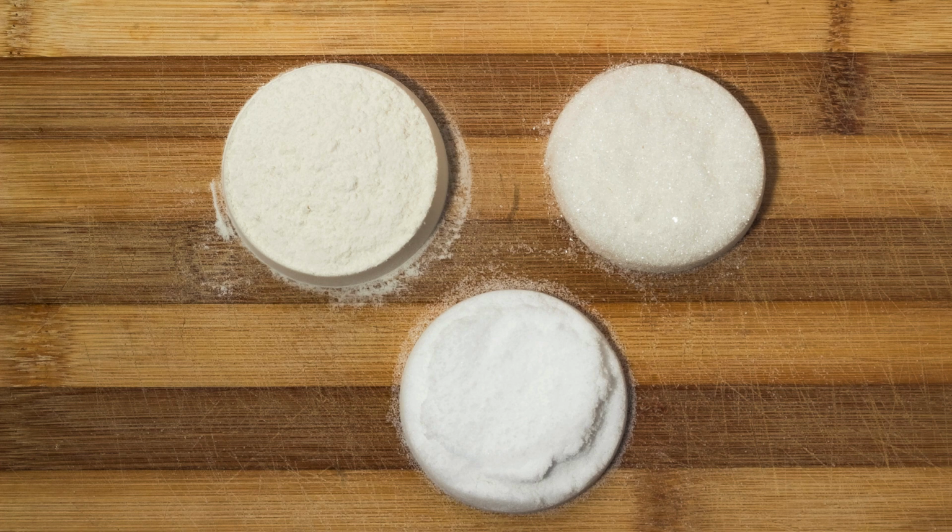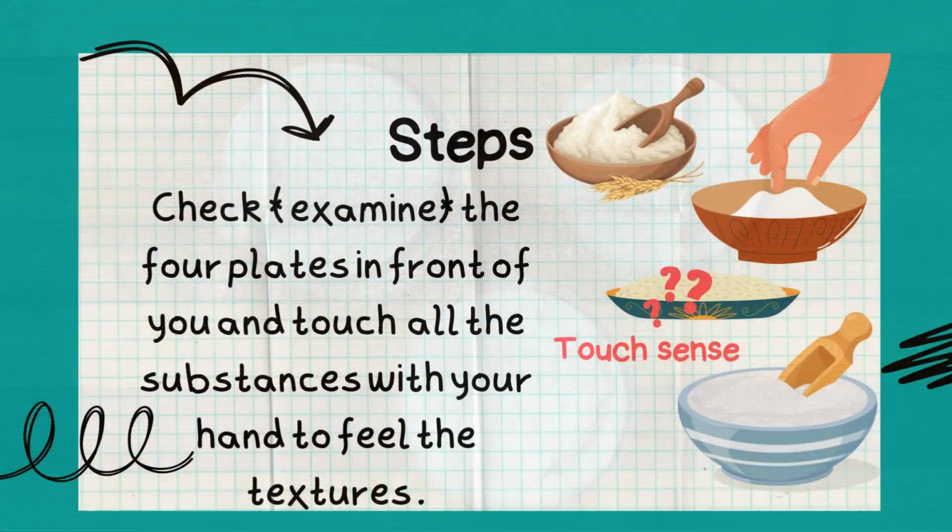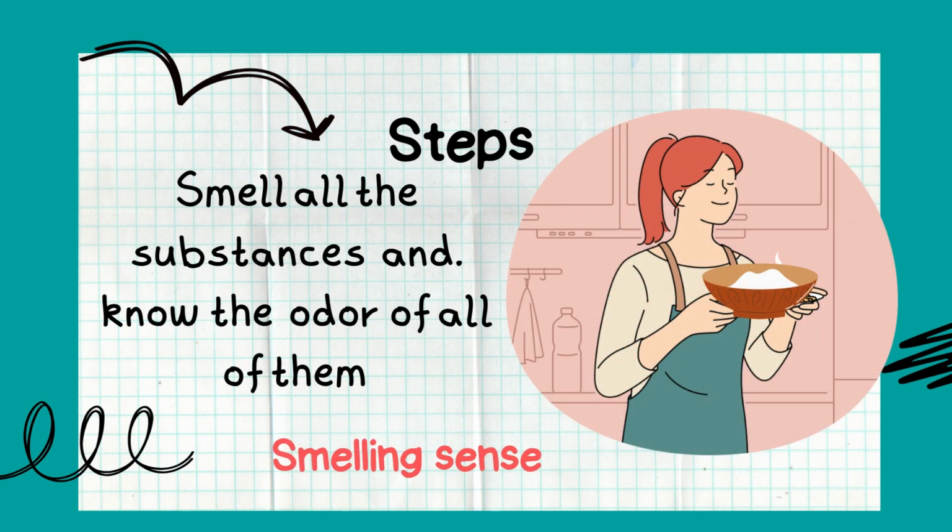And this is by using our senses. By sight, we can determine the color. Also, we can know the texture of each substance by the sense of touch. Is it fine? Is it crystal? Is it rough, hard, smooth? All of these are the texture of the substance. And we can smell these substances because they are safe, since they are from our kitchen.